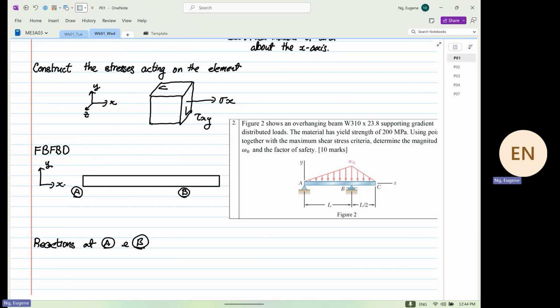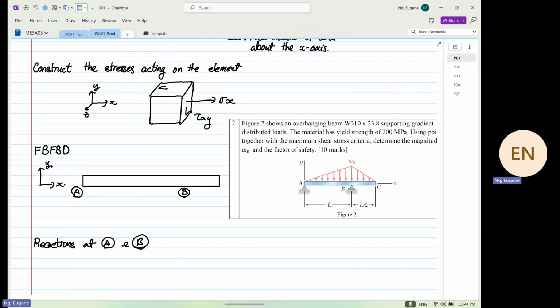Partly right. Why do you want the reaction at point A and at point B? Because those are known as your what? Boundary condition. Are we clear? Don't just go through the motions, doing this without knowing why. No, we have to know why.